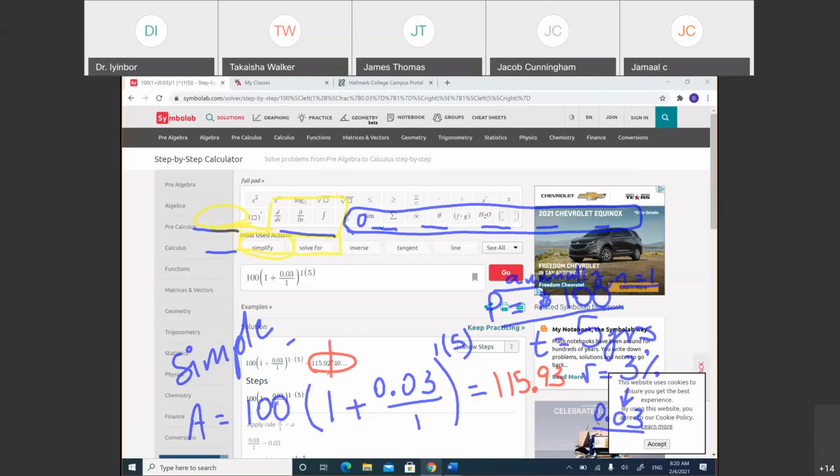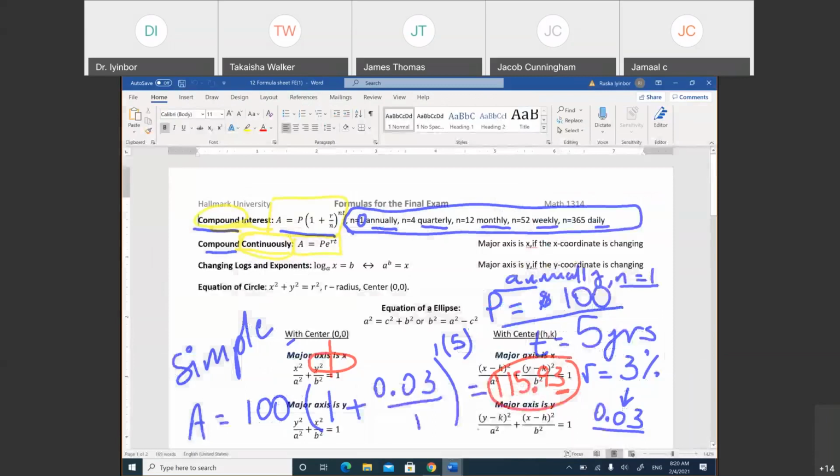Okay, so 7 is bigger than 5, so you're going to add 1 to the 2, so that's why it becomes 0.93. Okay, so that's my answer. That's how much I'm going to get. Now, if I compound monthly, then I'm going to get more. Okay, so everybody understand the idea behind this, the compound interest?